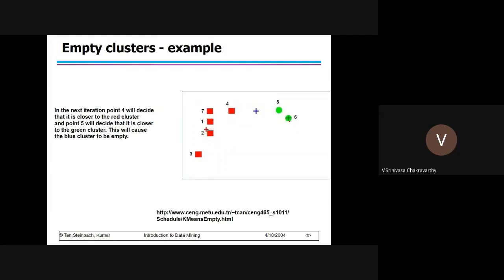Once that happens, this fellow is left stranded without any data points. There's only the centroid, but there are no data points, because we are doing clustering for the data points, not for centroids. Centroids are just some kind of reference points. So this is one example of how you can get empty clusters.